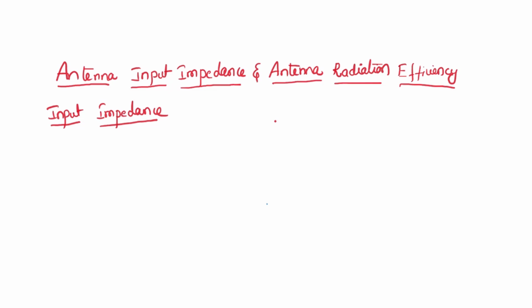Okay, let me draw a small antenna. This is the antenna structure, and this is where we are giving the input to the antenna. Let it be the generator Vs or Vg.